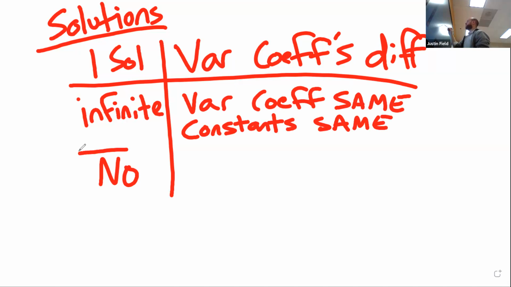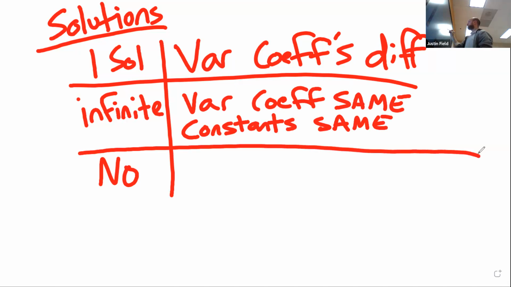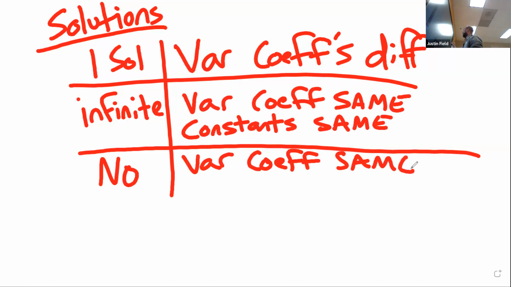That is the infinite solution. And then no solution was when those variable coefficients were the same, but the constants were different.